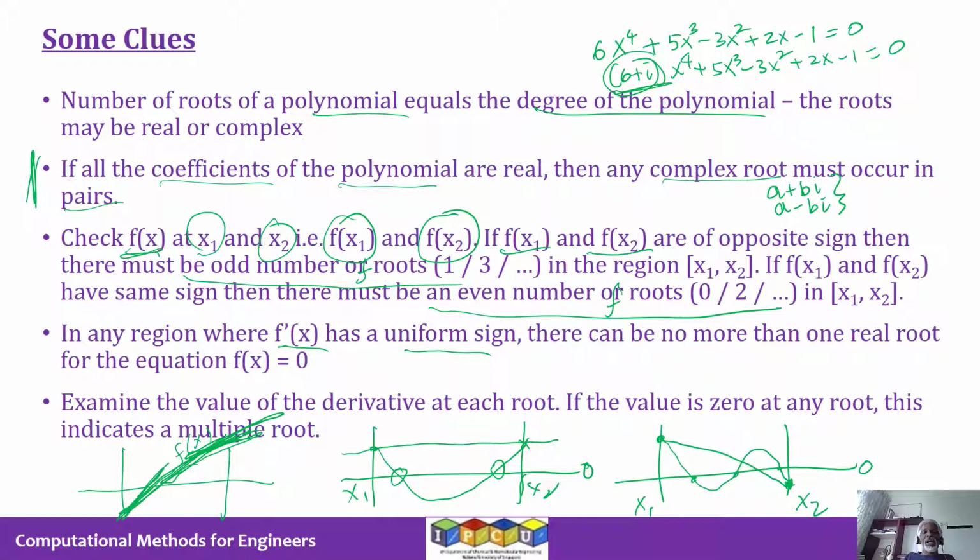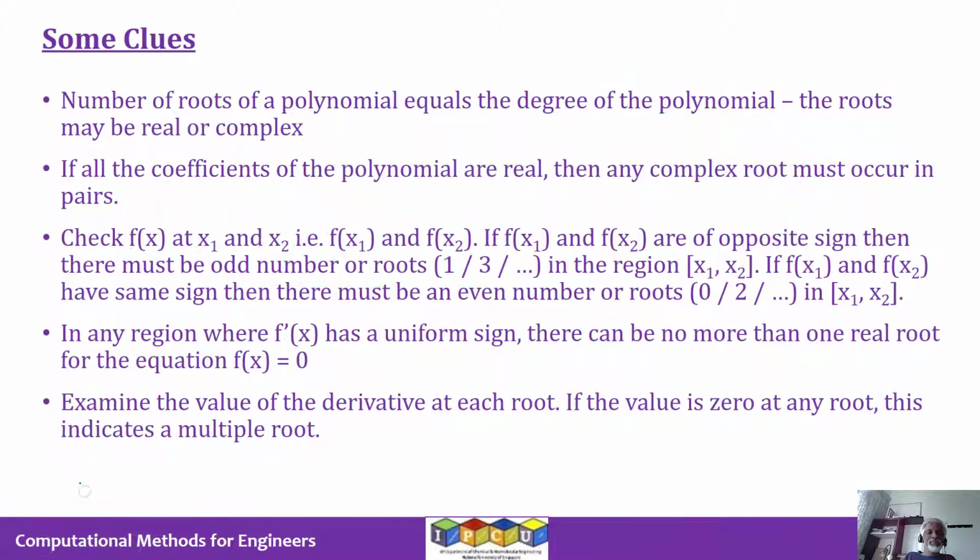So when f dash of x is positive in this illustration, this is x1 and this is x2, and within this region the function is like this, then it can have only one real root in this domain x1, x2. It cannot have more than one root.